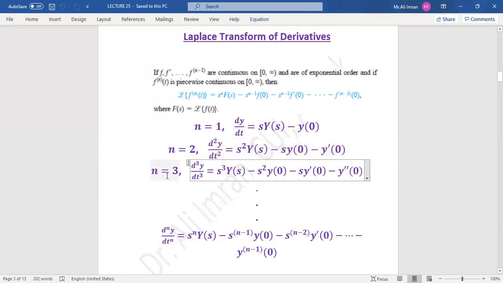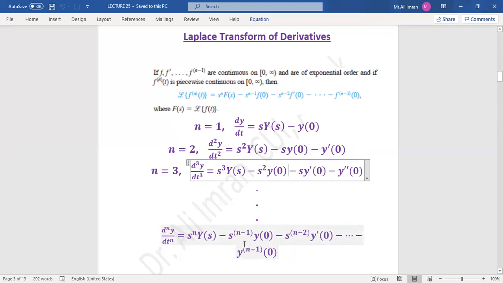If we have n is equal to 3, that is the third derivative d3y divided by dt3, we will have the Laplace transform equal to s cube Y of s minus s square y of 0 minus s y prime of 0 minus y double prime of 0, and we can generalize this for the nth derivative d n y divided by dt power n: s power n Y of s minus s power n minus 1 y of 0 minus s power n minus 2 y prime of 0 minus and so forth, minus y power n minus 1.